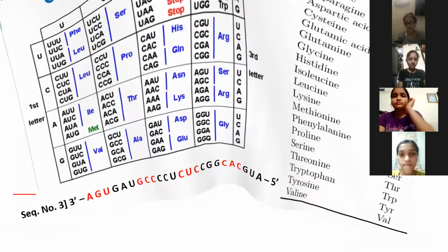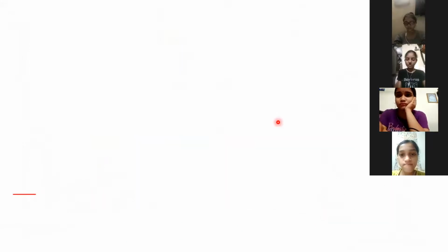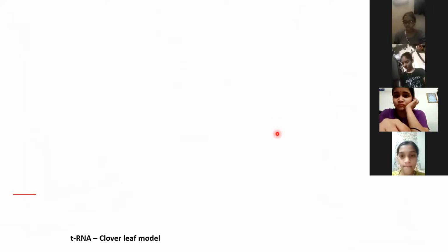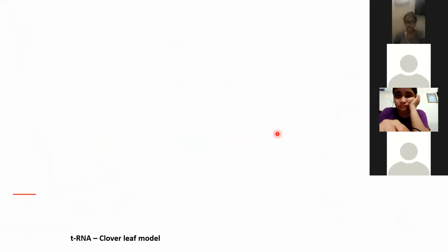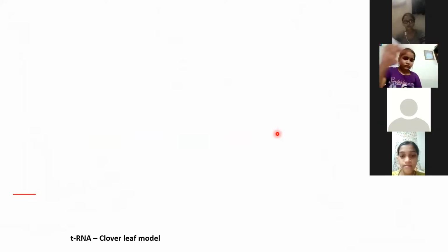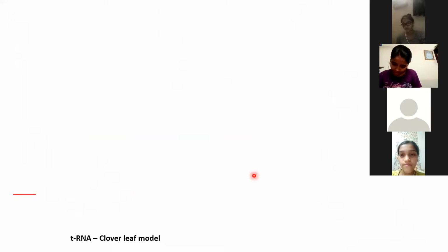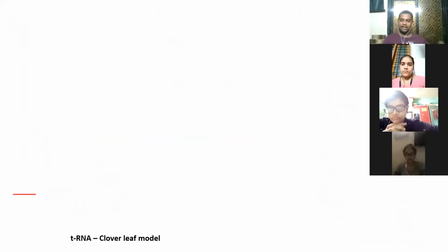After mRNA, the next one is tRNA. The T stands for transfer. Now mRNA is the one carrying the message. The message has to be transferred, and that is done by the tRNA.